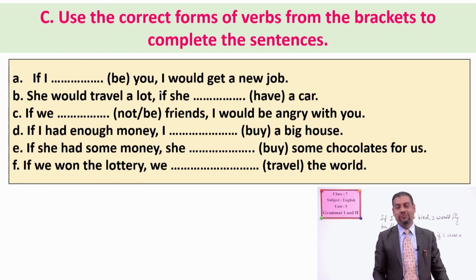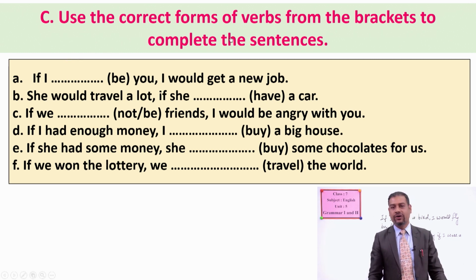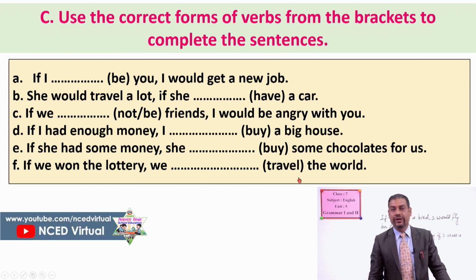Now I have one more task for you, that is, use the correct forms of the verbs from the brackets to complete the sentences. Now the verbs are given in brackets. Okay, in the first sentence you can find be, in the second sentence we have, in the third sentence we have not be. Okay, it is in negative form. And again in number D we have buy, number E we have again buy, number F we have travel.